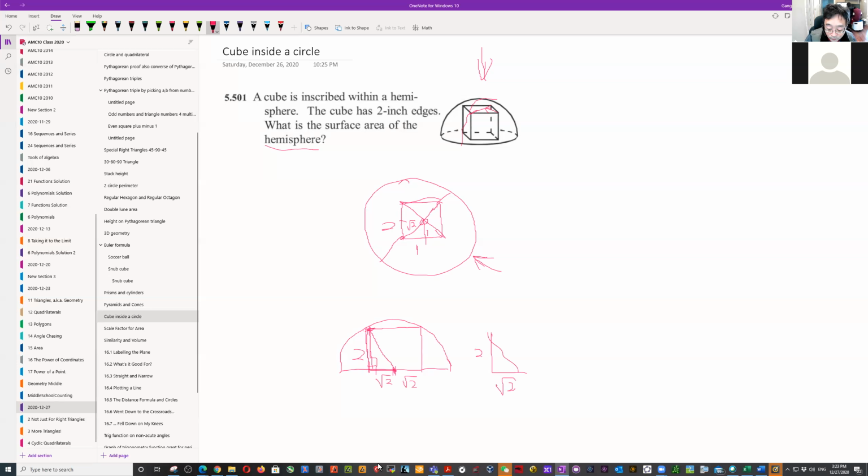We're going to calculate the hypotenuse of this triangle, which corresponds to this semi-sphere's radius. So that's going to be the square root of 2 squared plus square root of 2 squared, which equals square root of 4 plus 2, equals square root of 6.